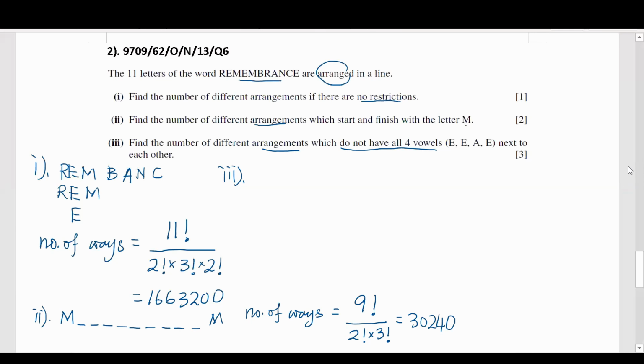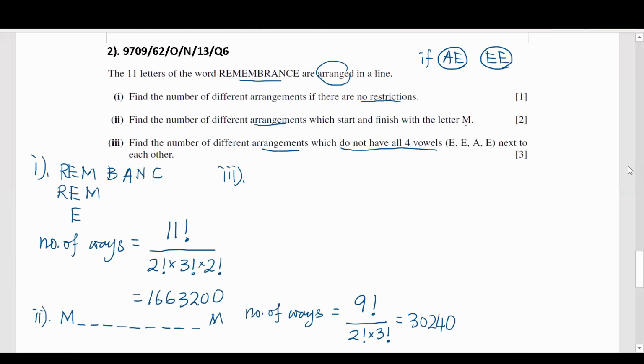What does it mean? If we have these 2 vowels next to each other and the double E next to each other, do we want this number of arrangements?